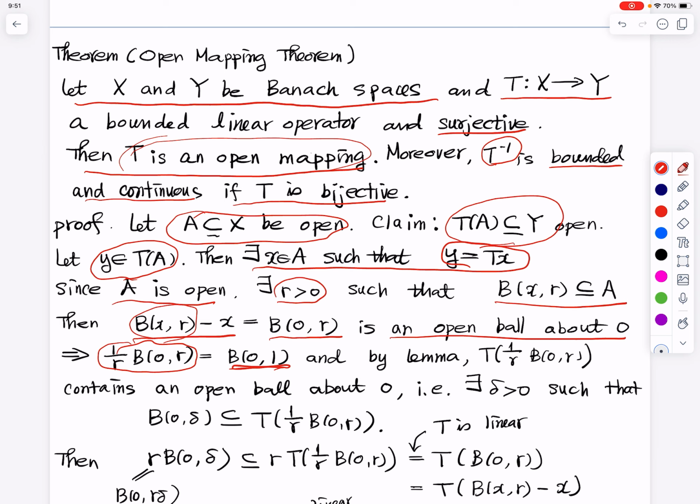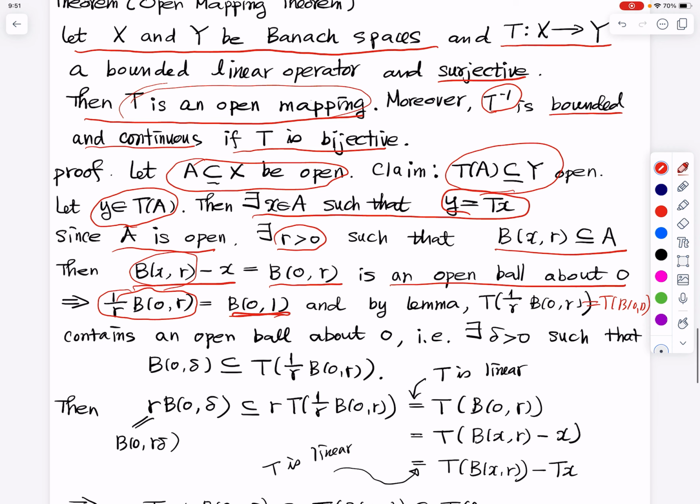And by the previous lemma, we proved this guy is T(B(0,1)), so this one contains an open ball about 0. So by the previous lemma, there exists delta such that B(0,delta) belongs to this, because this is actually T(B(0,1)). Then you multiply both sides by r to get B(0,r delta), and this belongs to here.